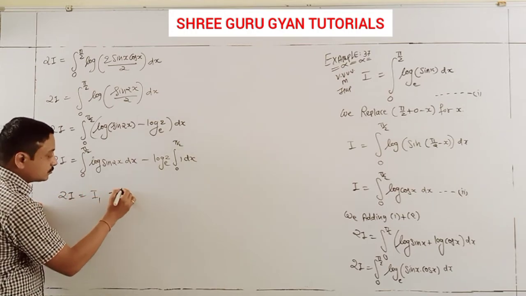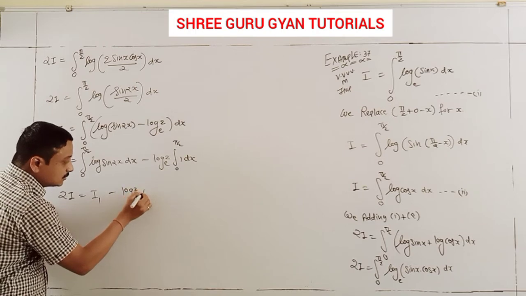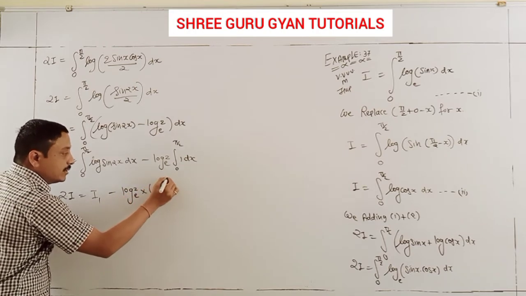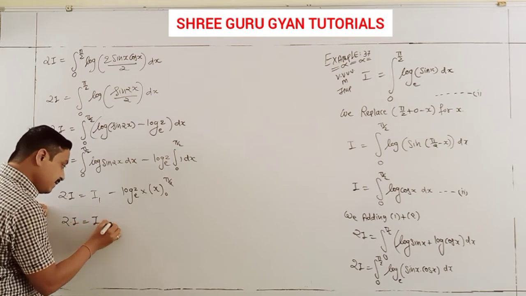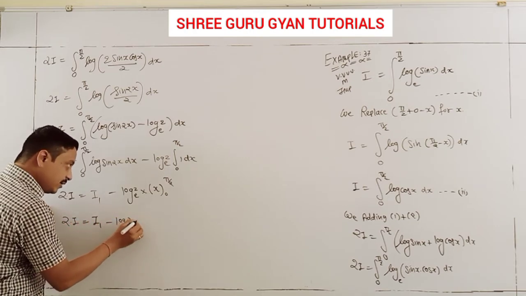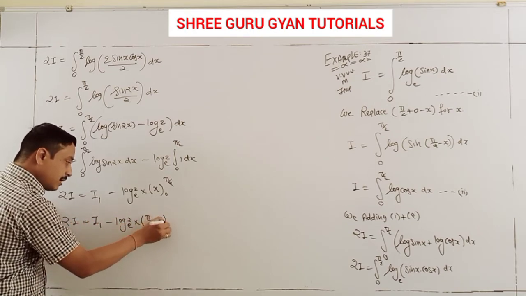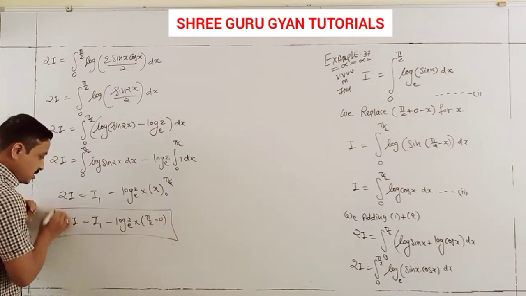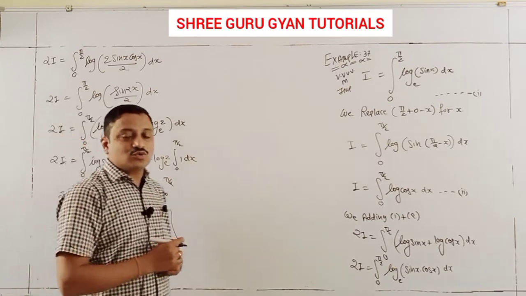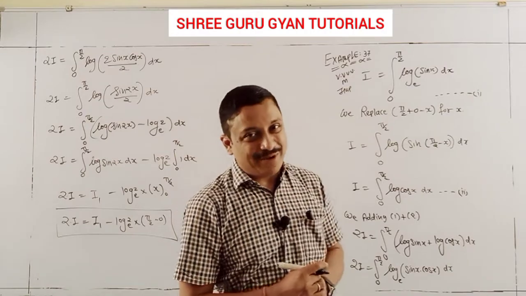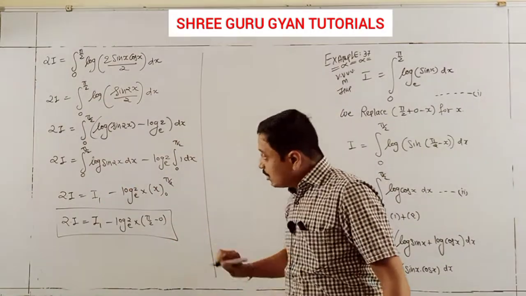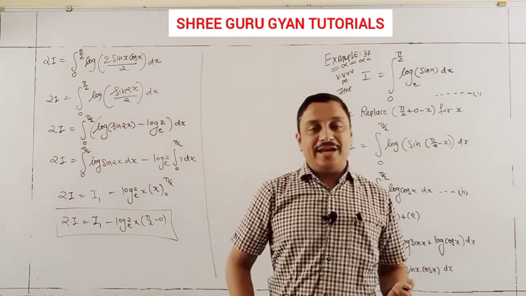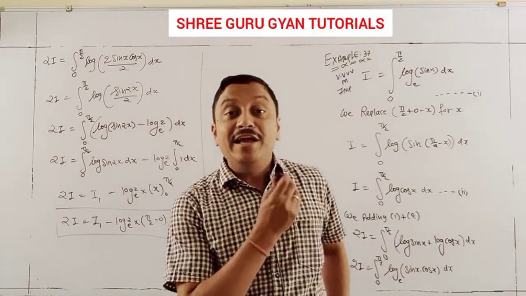Don't worry, here I calculate, it is x from 0 to pi by 2, and my solution is ready halfway only, pi by 2 minus 0. So 2I is equal to I1 minus log 2 base e pi by 2. Now I start I1. Only I1 I now explain, and after that I end my sum.